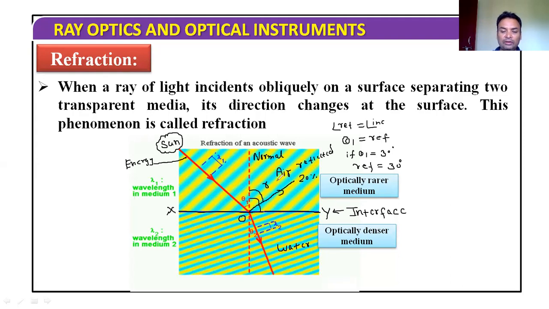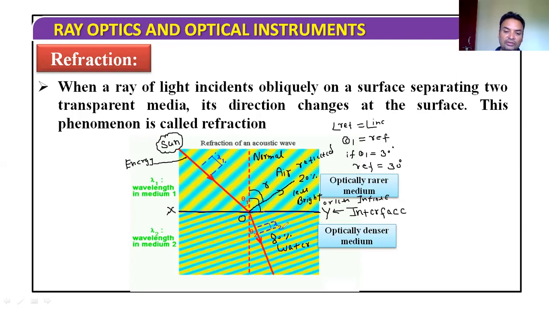So 20% of the incident energy will be reflected, and the remaining 80% will enter into the second medium, into the water. That 80% entering the water changes the medium. In my previous lecture, I told you that reflected light is less bright, or less intense.